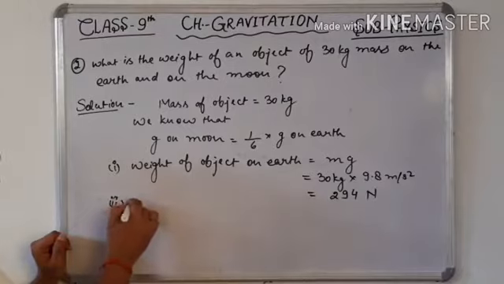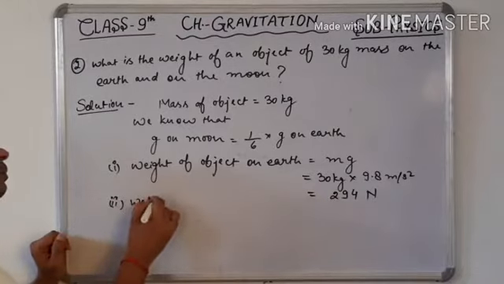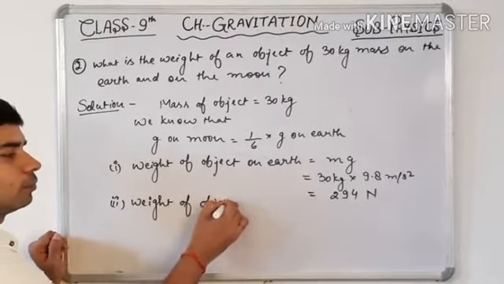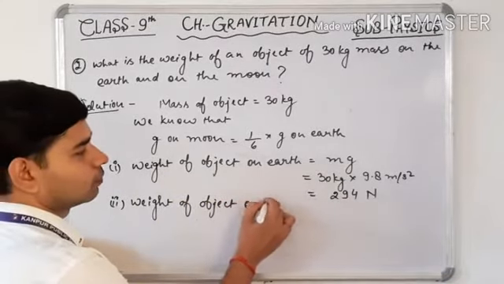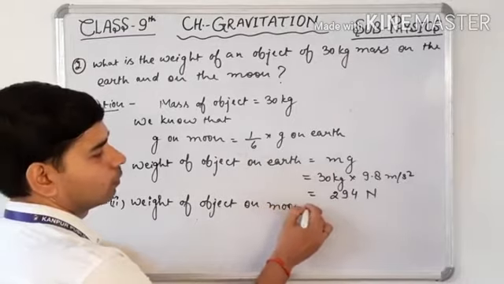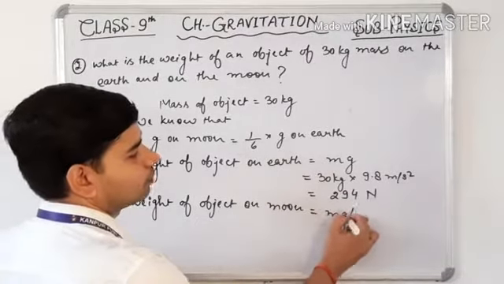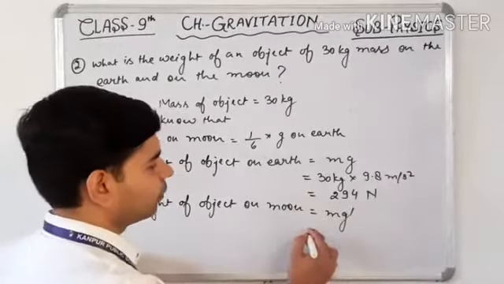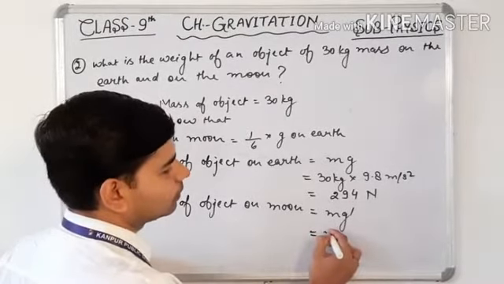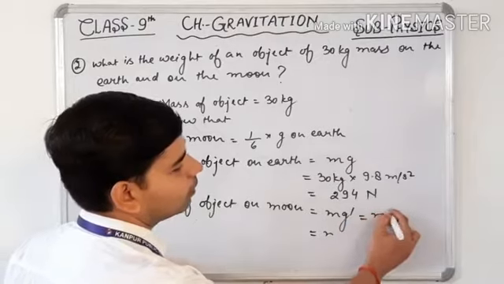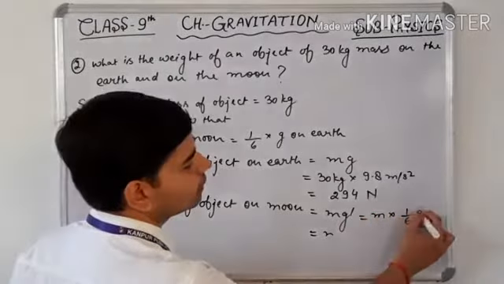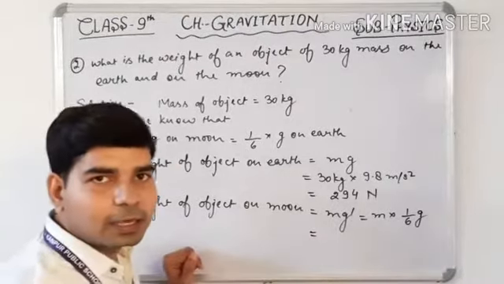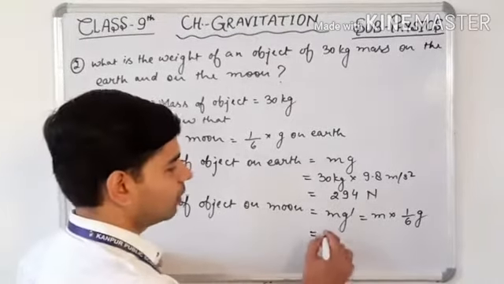Now, weight of object on the moon equals m g dash. g dash is the value of g on the moon, which is equal to m into 1/6 g, where g is the value of acceleration due to gravity on the earth.